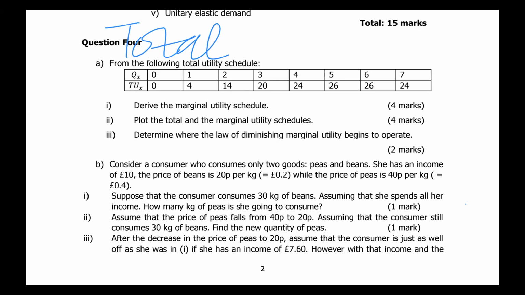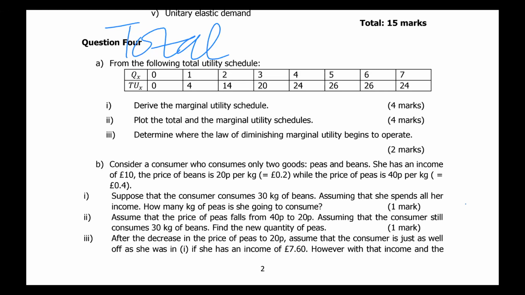Utility means the satisfaction that you obtain in this context from the commodity that you consume. The total satisfaction that a consumer obtains from the consumption of 1 unit of a given commodity is called the total utility.